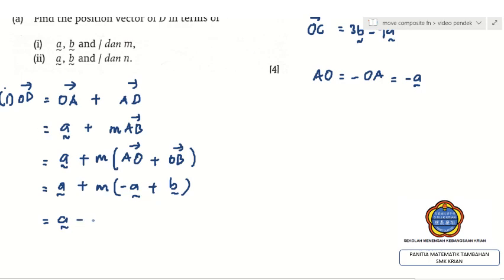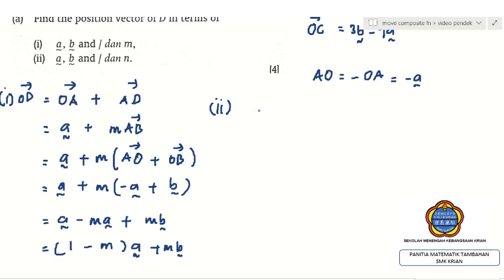A minus mA plus mB, and we collect together coefficient of vector A, separate with B. This is a(1 minus m) plus mb, so this is the final answer for vector OD. Alright, and continue for question number 2.